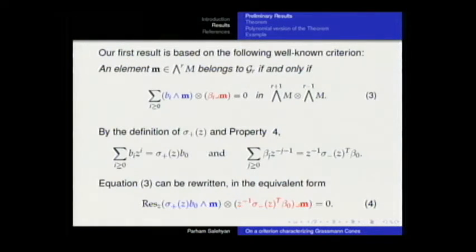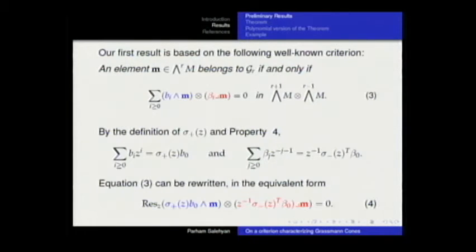In fact, it is based on a well-known criterion, that is, an element of a finite exterior power belongs to the Grassmann cone if and only if we have this condition. Notice that it's a finite sum, because the contraction of the elements of M would be 0 except for a finite number of elements of the restricted dual.